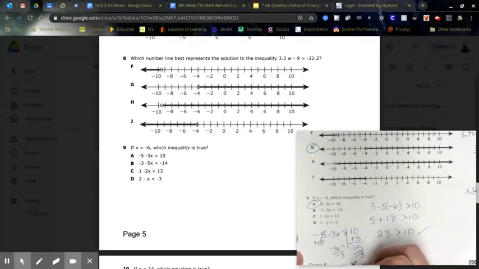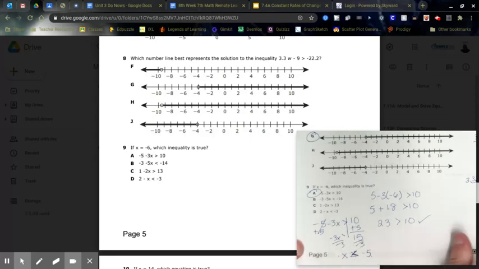X should be less than -5. And is -6 less than -5? Yes, because when we look at our number line, -5 is right here, -6 right there. So -6 is less than -5. So the answer is A.